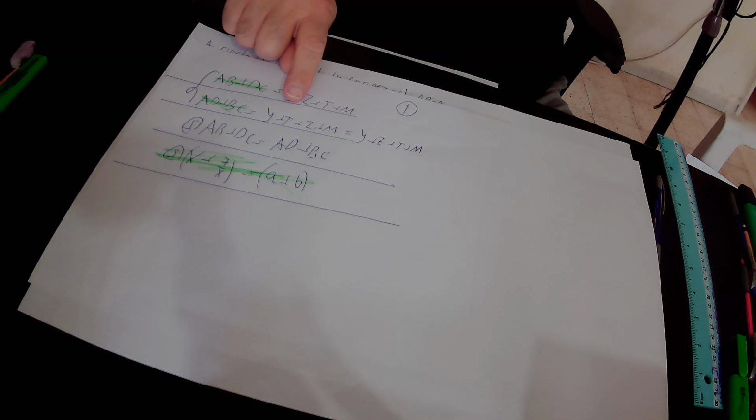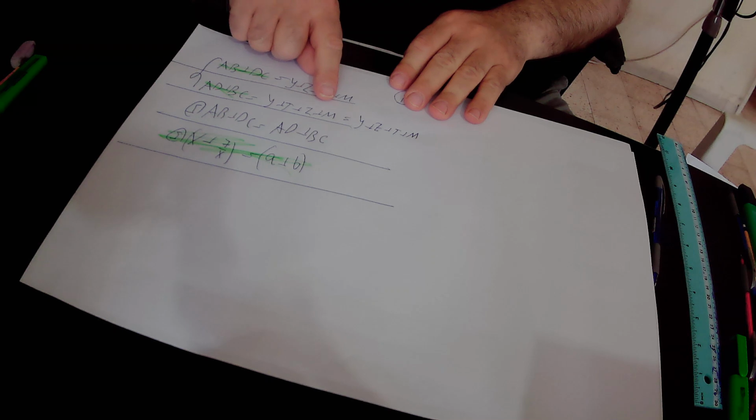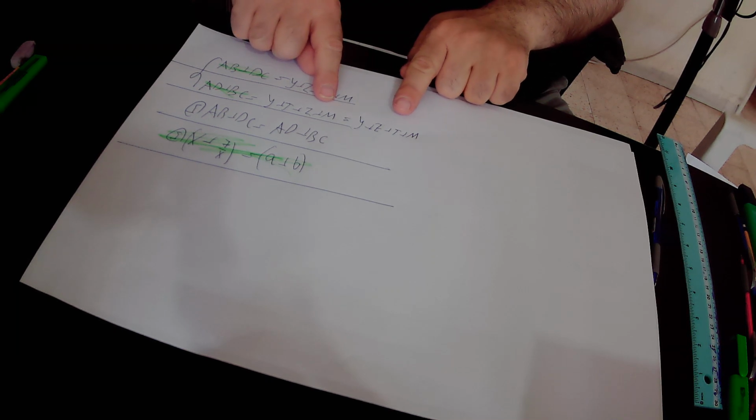Here we can change the order of the letters according to the algebraic identity that A plus B equals B plus A. So instead of y plus t plus z plus m, we can write y plus z plus t plus m.